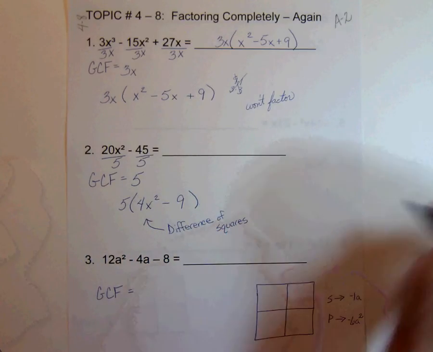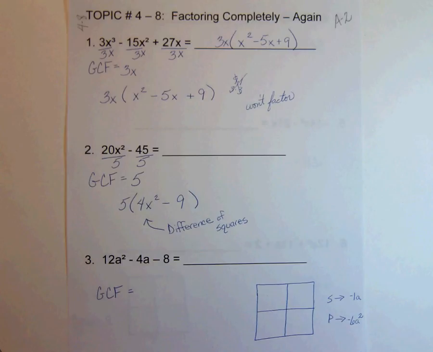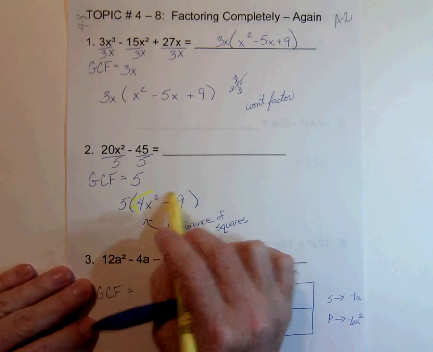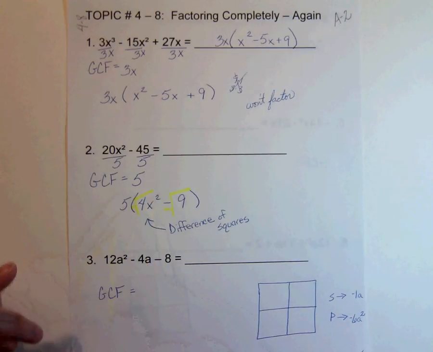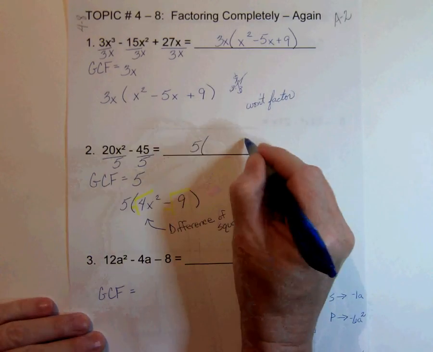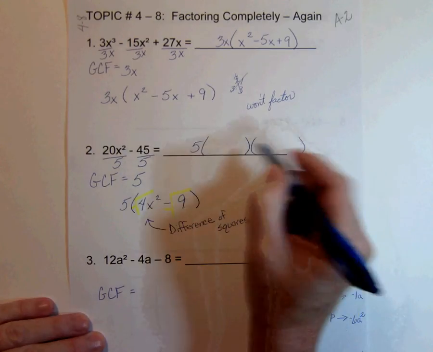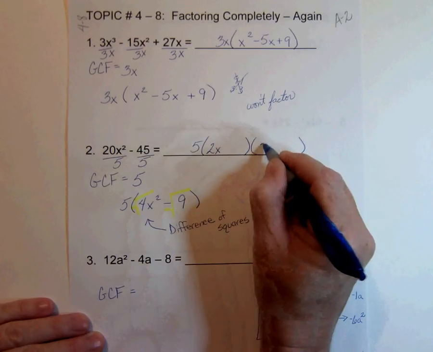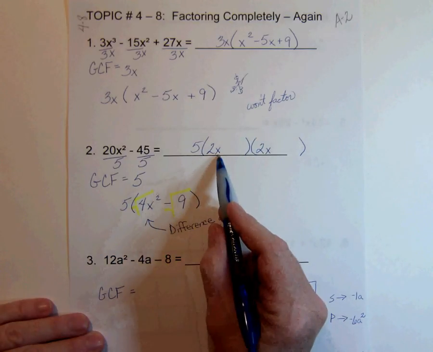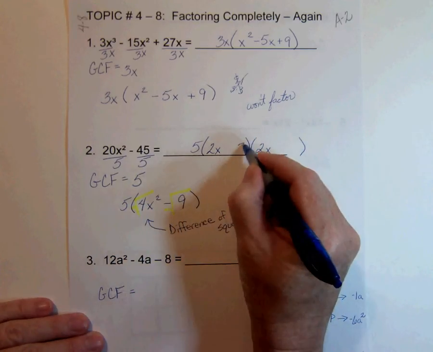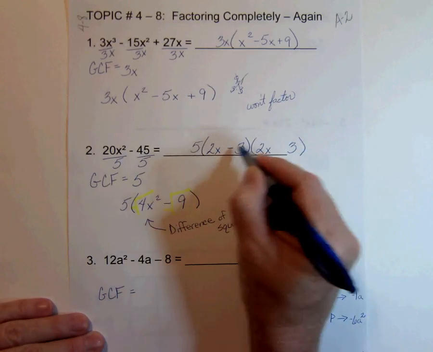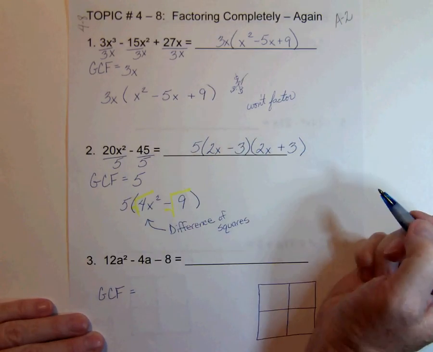If you think about being able to factor a difference of squares, think of square rooting. You can take the square root of the front and the square root of the back, so that in its factored form, this is going to be a 2x, because the square root of 4x squared is 2x. The square root of 9 is 3. You lose the middle term by one being positive, one being negative.